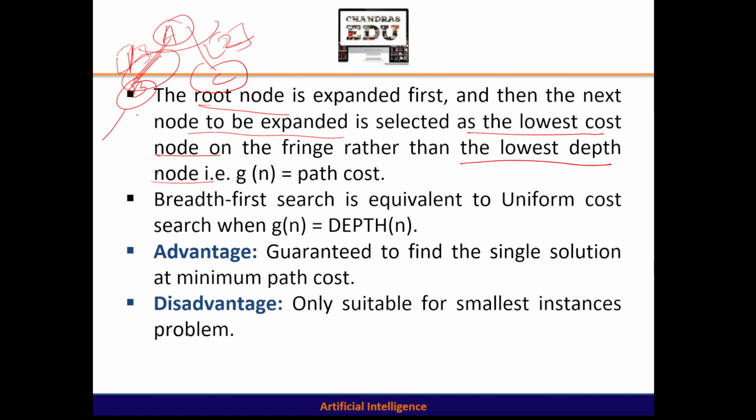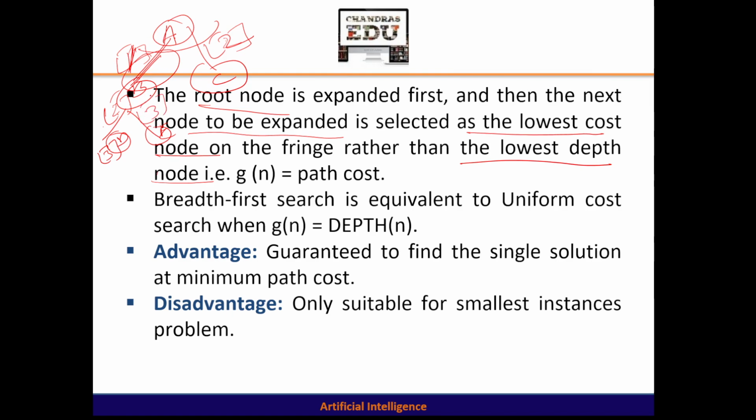Always, whenever it moves to the next level, it will try to see the cost from this path to this path, that is, let us take here D and E. Suppose this is taking 2 here. So the total cost here is 1 plus 2, that is 3. 3 is the total cost it is taking to move to D. And let us think that here the cost is 3.